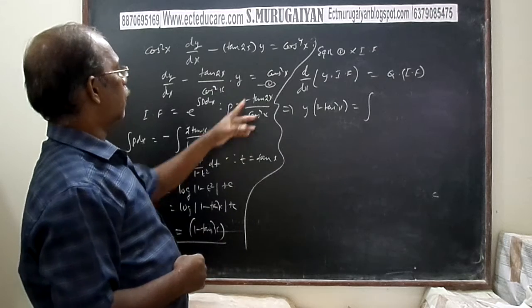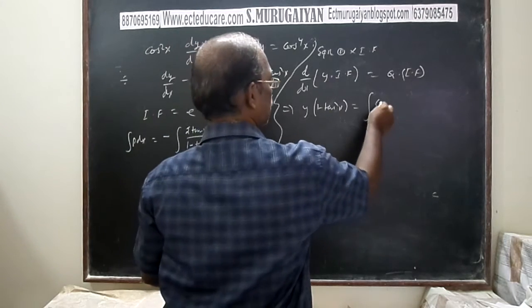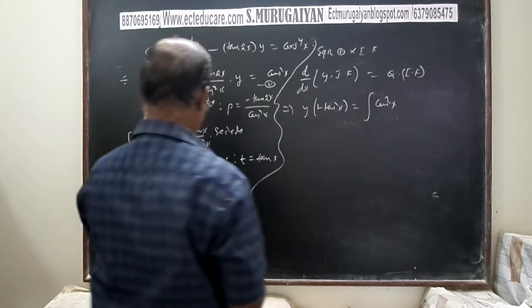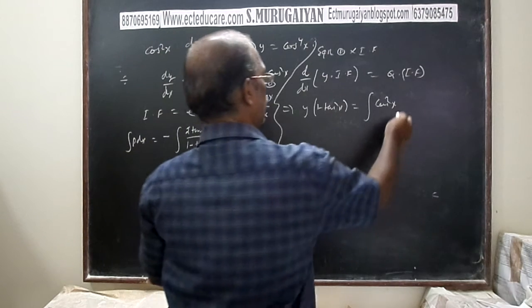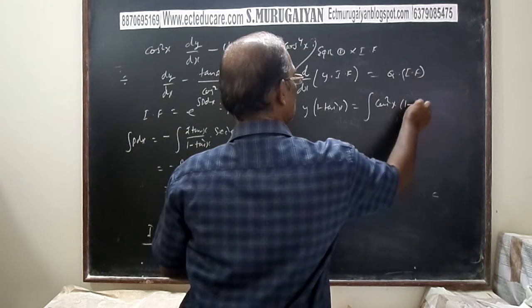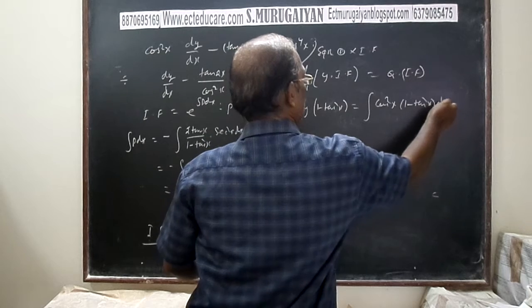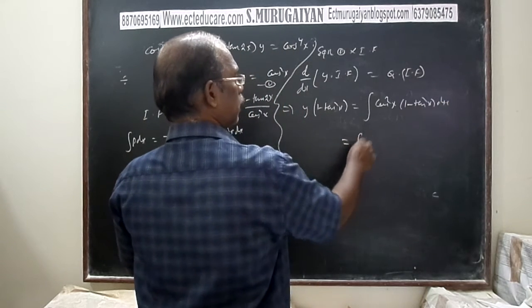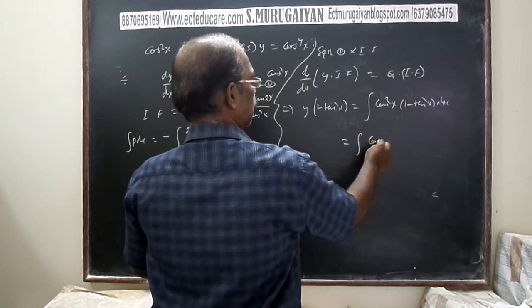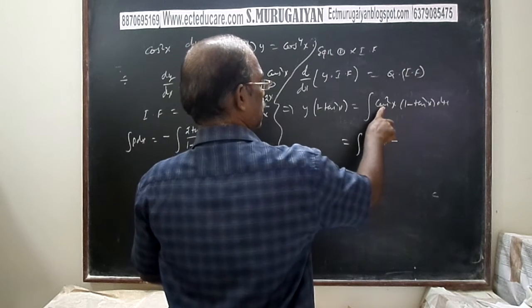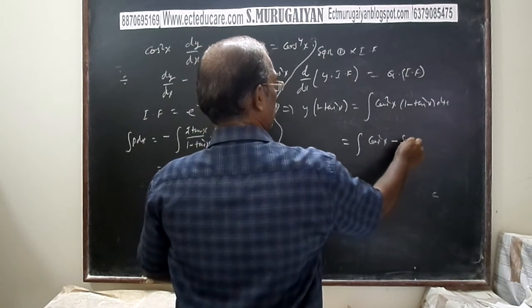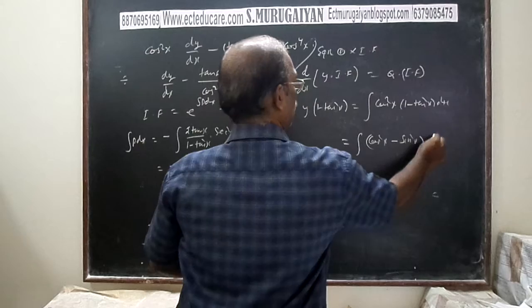Q, that is cos square x times the integrating factor, 1 minus tan square x dx. Then cos square x into 1 is cos square x, and cos square x into tan square x is sin square x. Why?